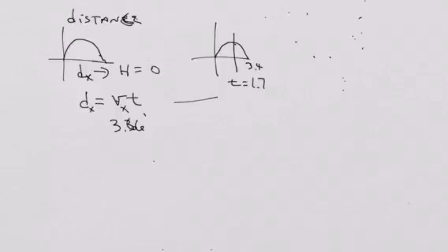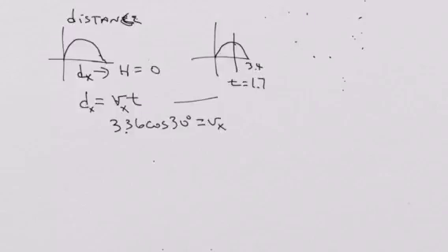Doesn't matter. Whatever the magnitude of the original velocity was, we would multiply that by cosine of 30 degrees to get the velocity in the x direction.